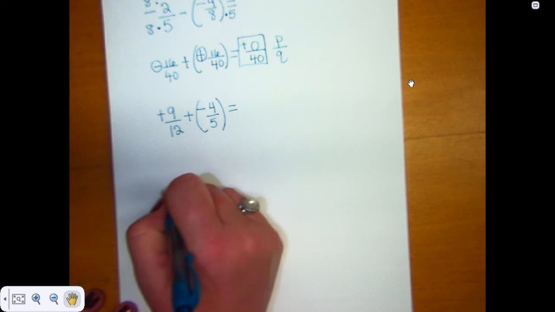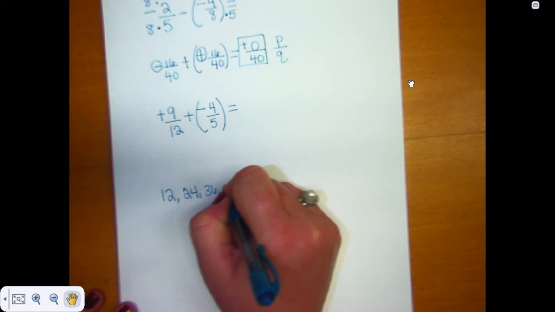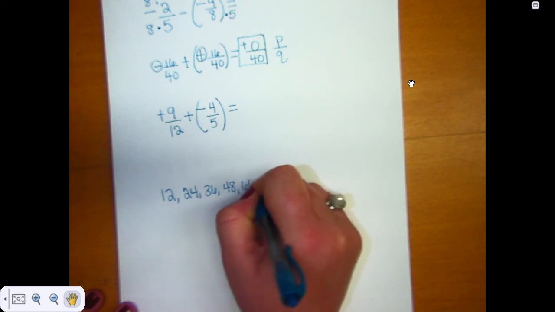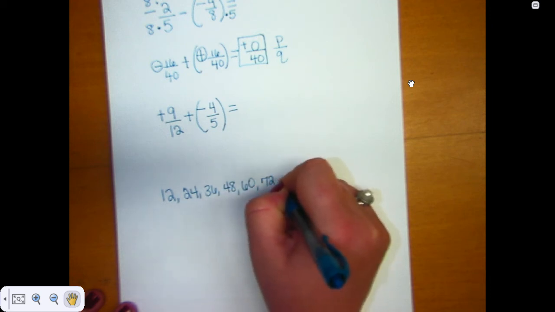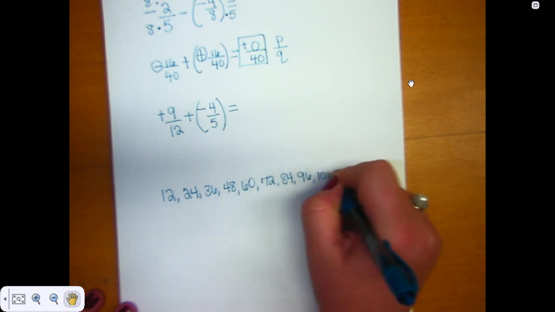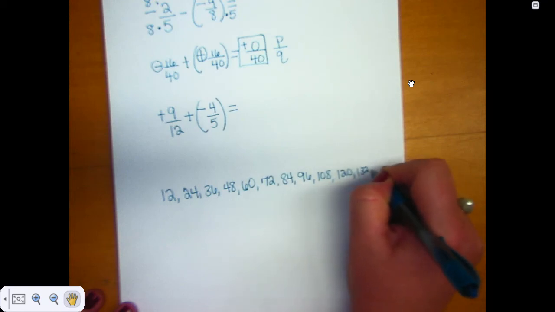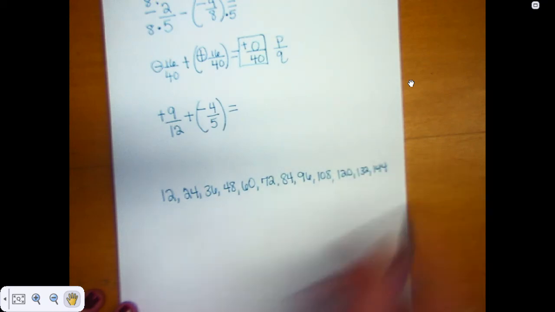We could list out all of our multiples: 12, 24, 36, 48, 60, 72, 84, 96, 108, 120, 132, 144.